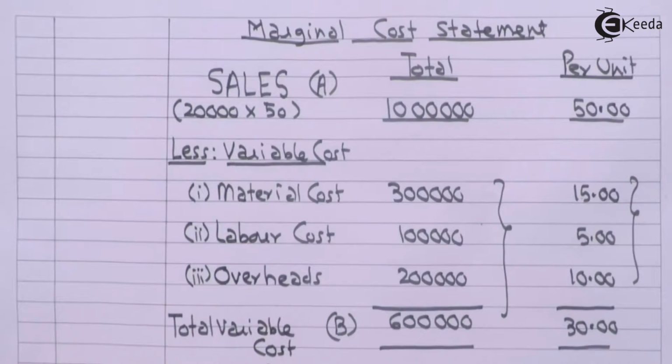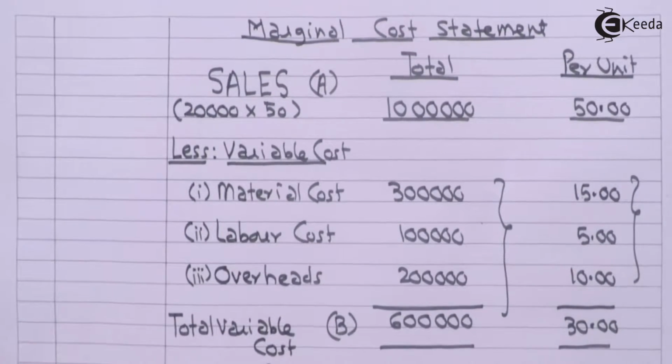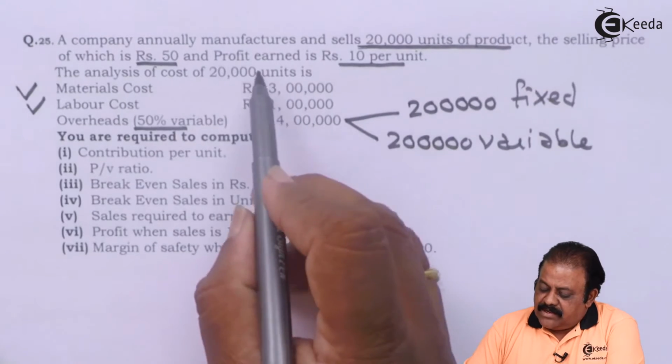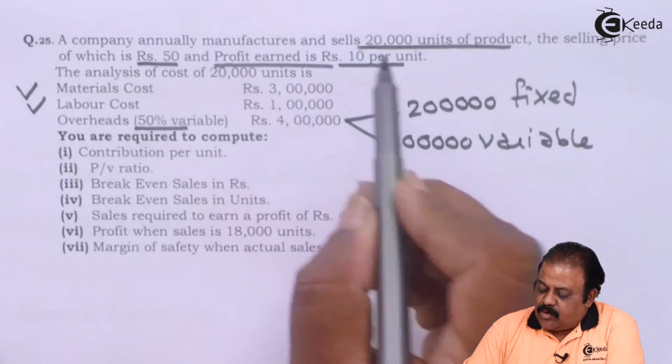This fixed cost 2 lakh divided by 20,000 gives per unit fixed cost of 10 rupees. 20 minus 10, finally profit also we got 10 rupees per unit. This information is given in the question. You can see here profit earned is 10 rupees.